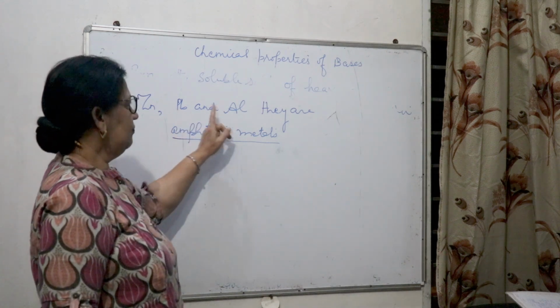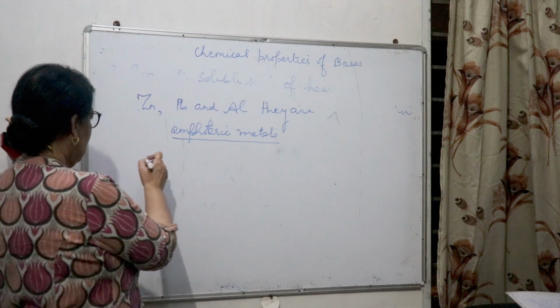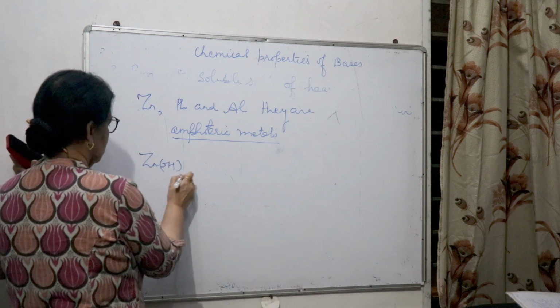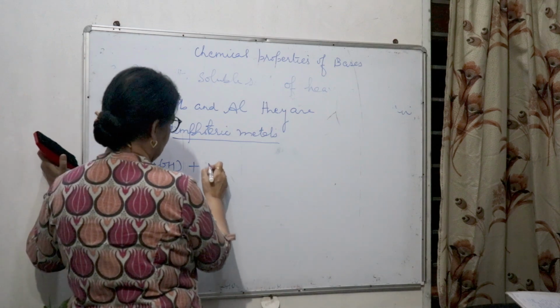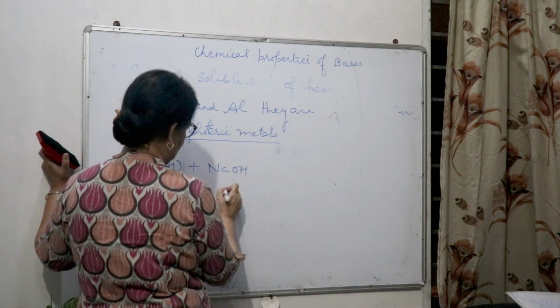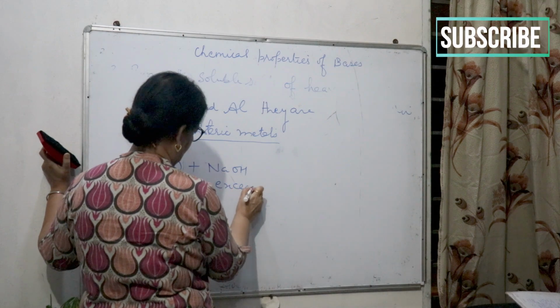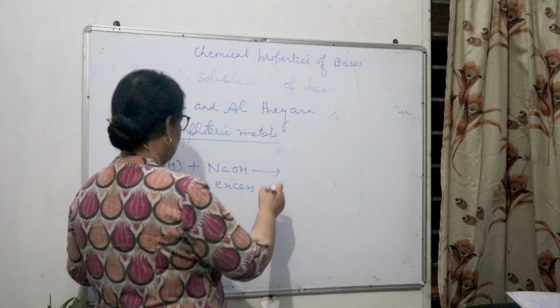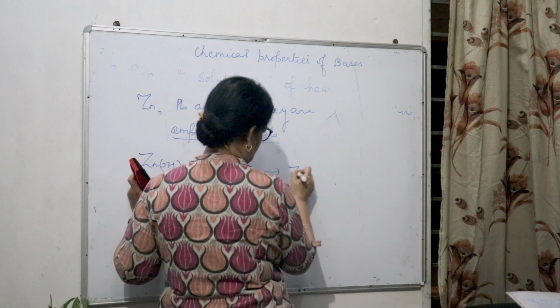So when the hydroxides of these three amphoteric metals are dissolved in excess of alkali, the PPT gets dissolved into it.